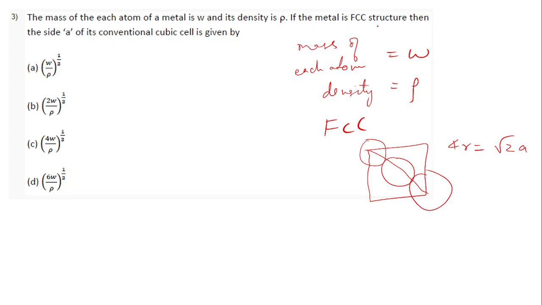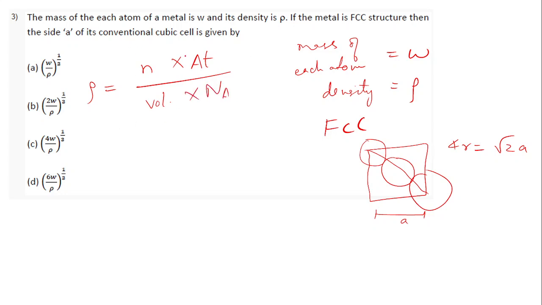We have to find out, if the metal is FCC, the side a of its conventional cubic cell. So what is the relation here between density and the conventional unit cell edge length? We know that for a unit cell, the density is given by number of atoms multiplied by its atomic mass divided by the volume of unit cell and Avogadro number.